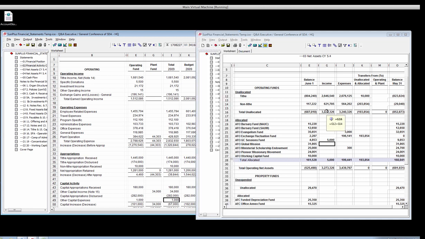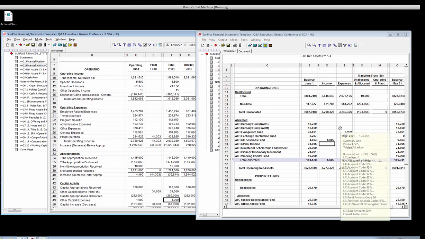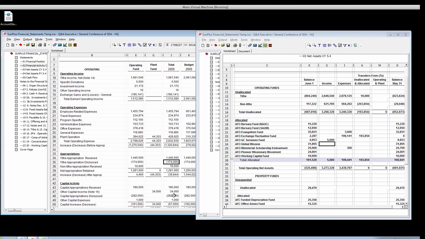So this income column includes all the income, both operating income, appropriation income, and capital activity income. And the expenses in the column here all correspond with the operating expenses, expenses under appropriations, and capital appropriations disbursed.